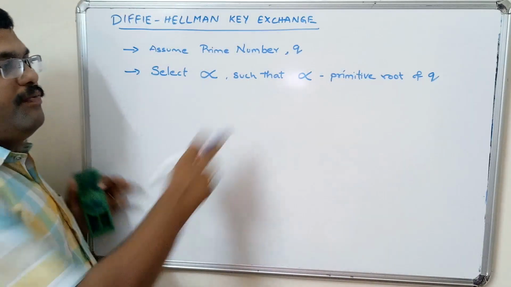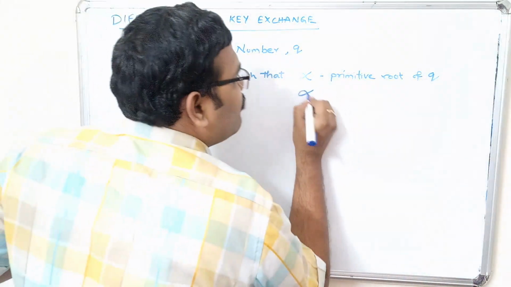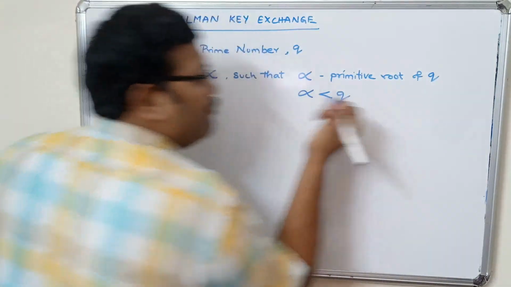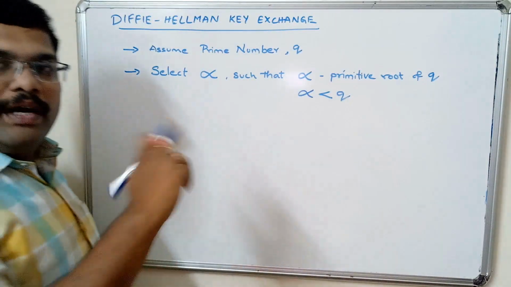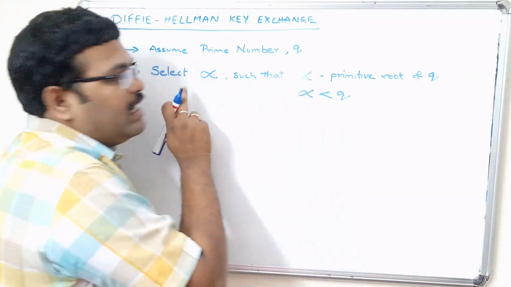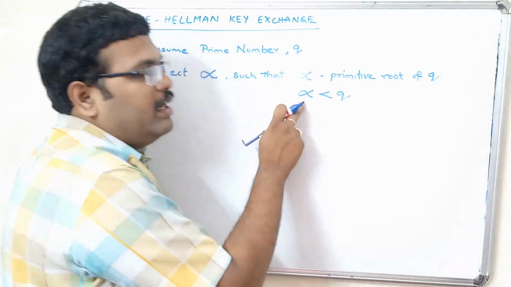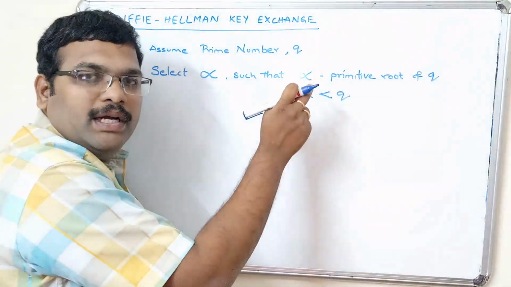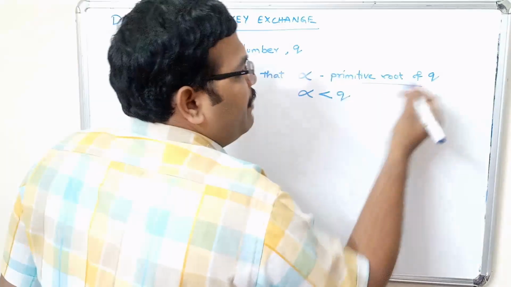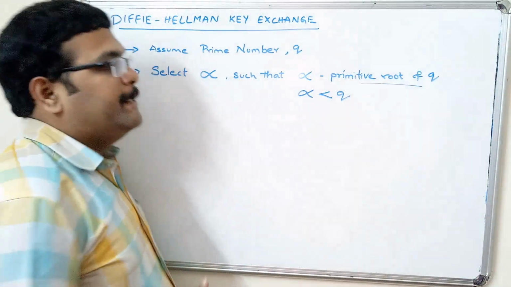So alpha should be a primitive root of q and alpha should be less than q. So two conditions need to be satisfied. One, the alpha which we are selecting must be a primitive root of q, and second, it must be less than q. First, what is meant by primitive root and how to get this primitive root?